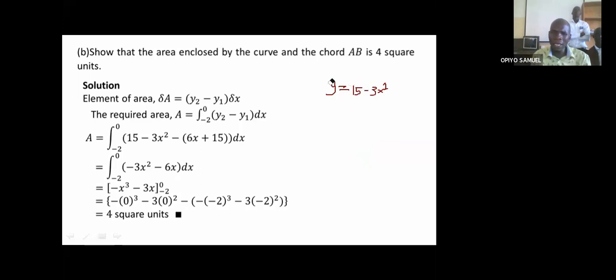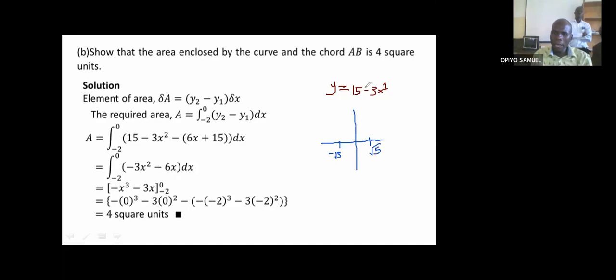And when we take the root of 5, we get negative root 5 and positive root 5. So that's where the curve will cut the x-axis. So if this is the curve, it will cut the x-axis here and also here, where here is negative root of 5. On the other side is positive root of 5.